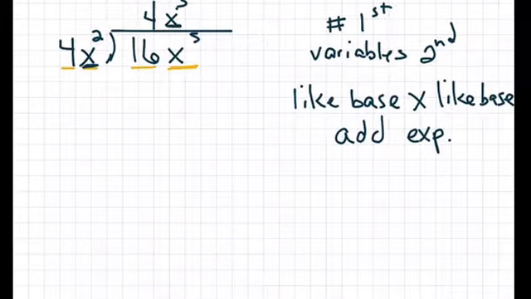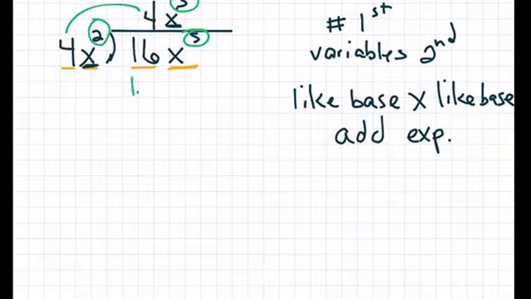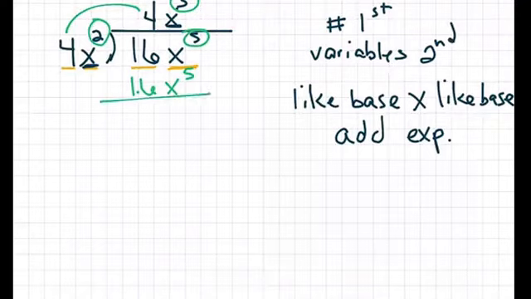So what is 2 plus 3? 2 plus 3 is 5. So 4 times 4 is 16. X squared times x to the 3rd is x to the 5th, and 16x to the 5th minus 16x to the 5th is 0.